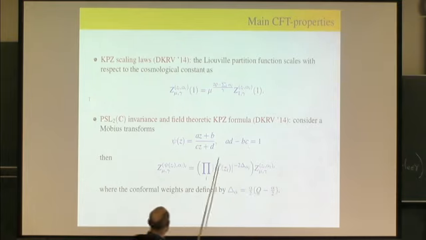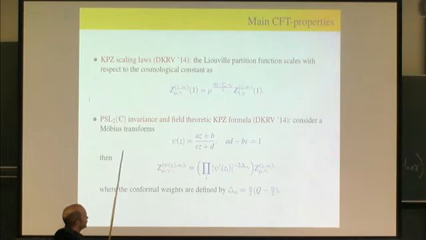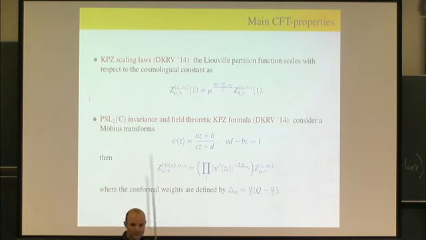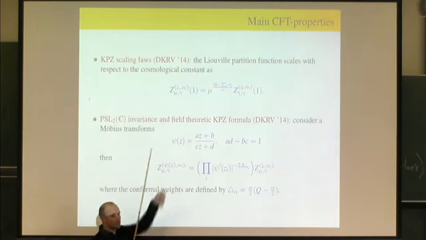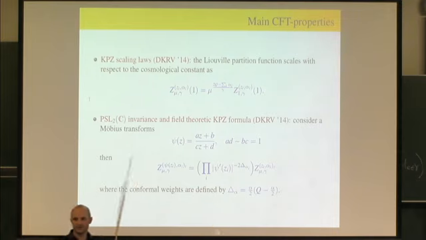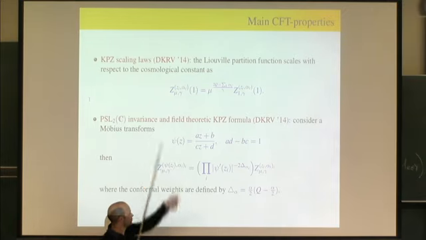You may also want to know how your partition function behaves when you apply a Möbius transformation to your points. This is pretty much like in the Ising model. You have correlation functions. You evaluate your partition functions at different points up to a Möbius transform, and you want to see how this partition function behaves.